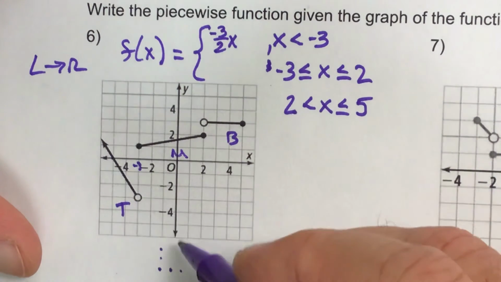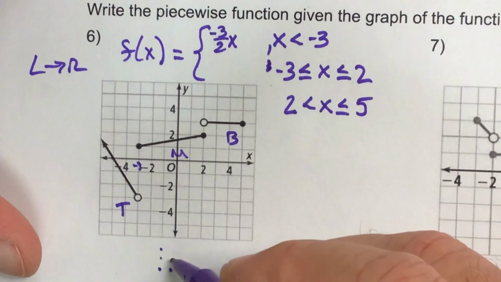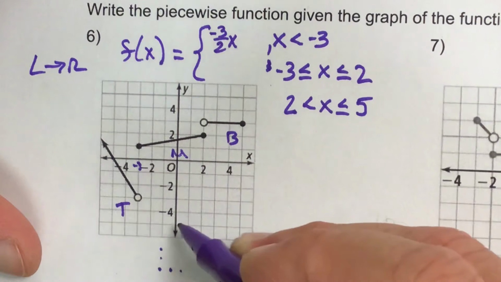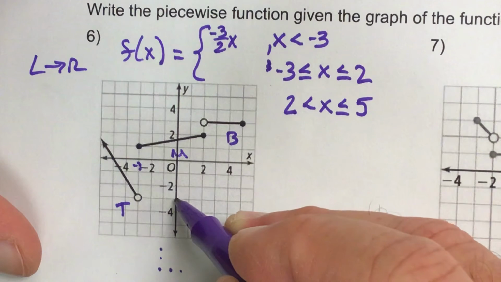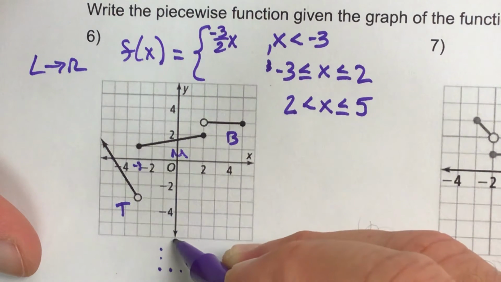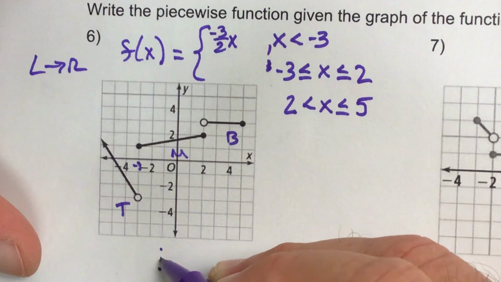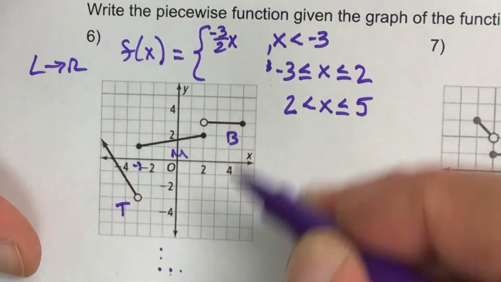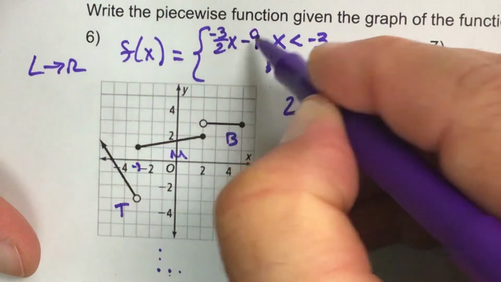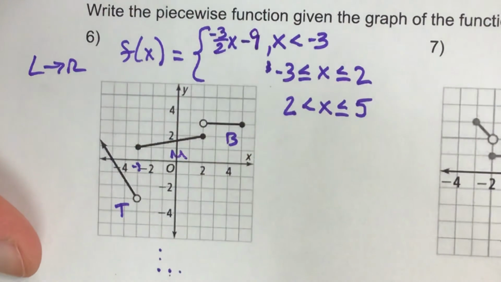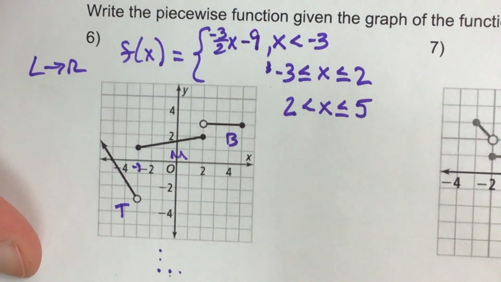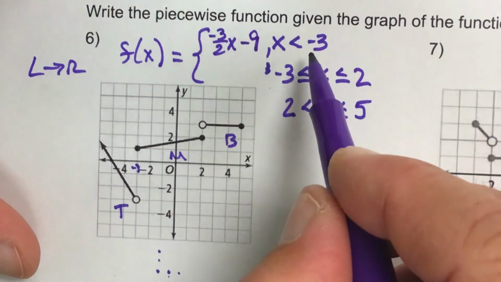This is where you're going to have to do a little bit of investigation. You have to just keep working with the numbers here. So if this is -3, -4, -5, -6, -7, -8, -9, it looks like it's going to cross the y-axis at -9.